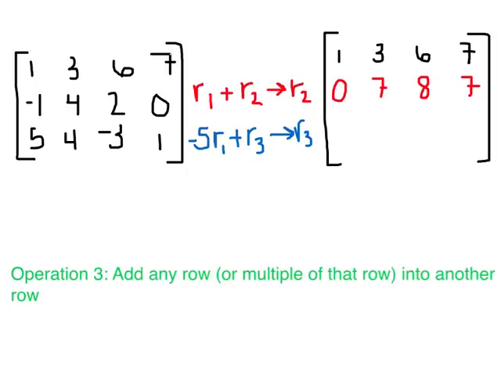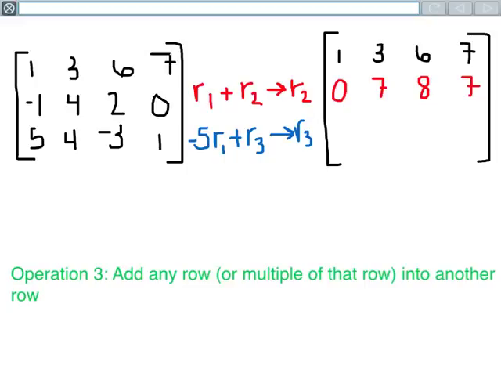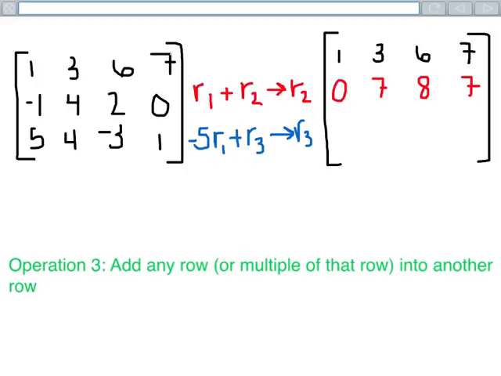So I'm going to multiply this by -5. Okay, so we're going to multiply this by -5 here. So 1 times -5 is -5, plus this 5 would be 0.